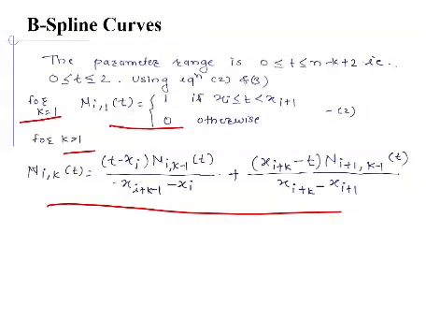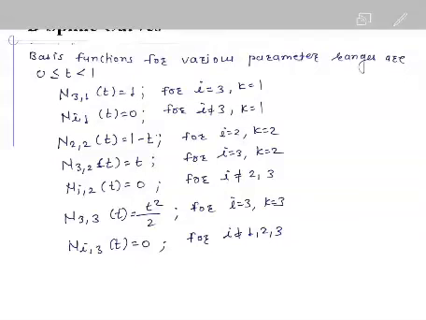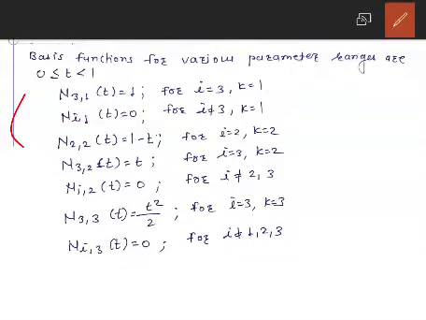So in the exam it is not expected that you write or solve these entire values of n. It is not possible, or it requires too much time. So you have to find out the knot values and write the blending function. It is sufficient for this B-spline curve.